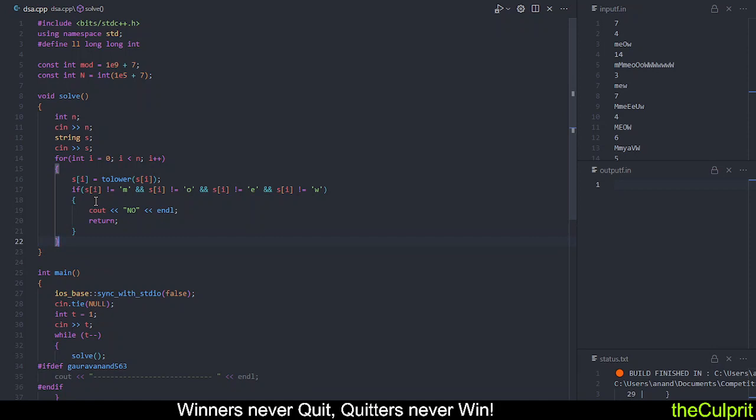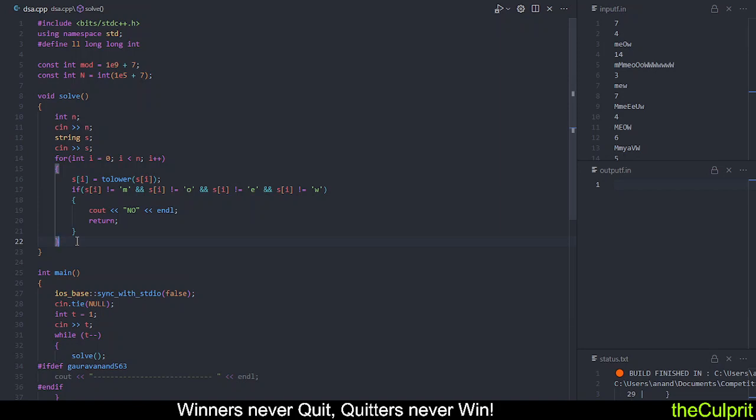The other case would be if the characters are not in order. So I check that. Basically, I have to remove the duplicates. So one thing is guaranteed after this loop, that the string only contains the letters m, e, o, w, a combination of these letters. And I have to only check if that is in order.